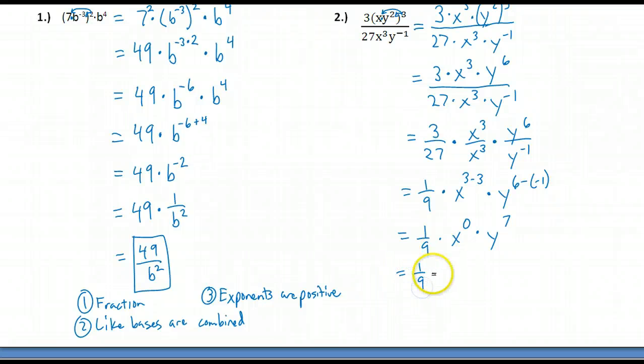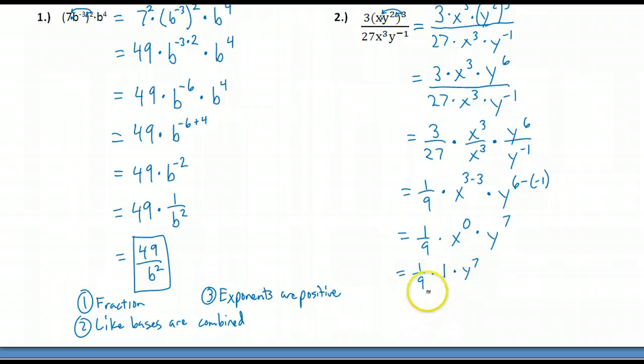One ninth times x to the 0 power is 1, which makes sense. X to the third power over x to the third power is 1, times y to the 7th.